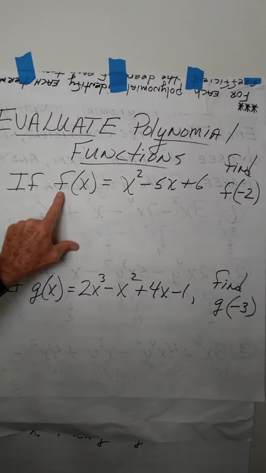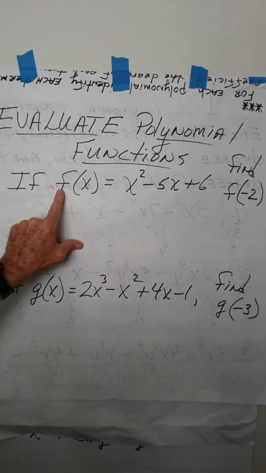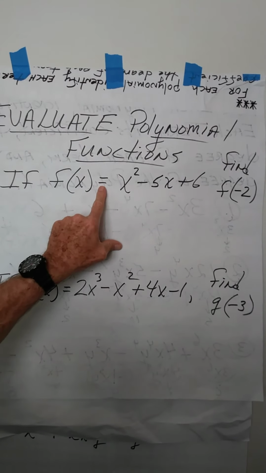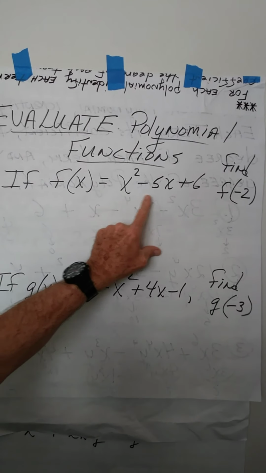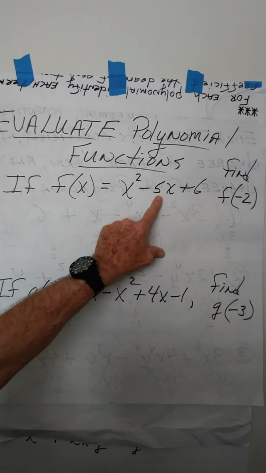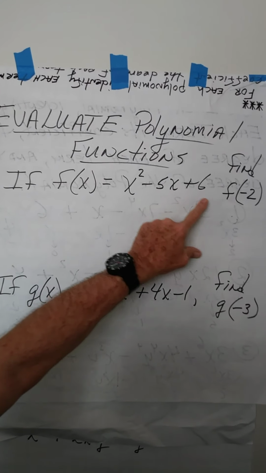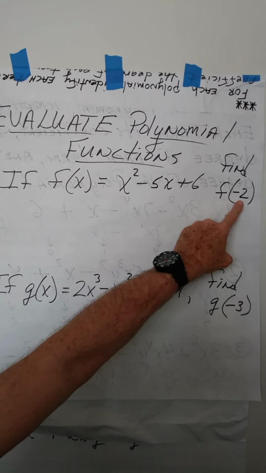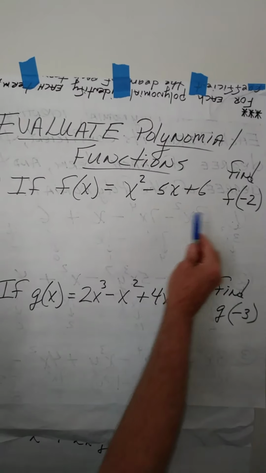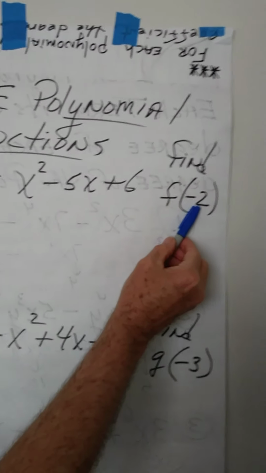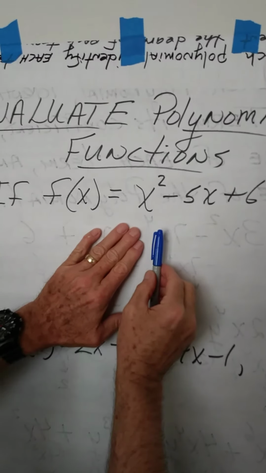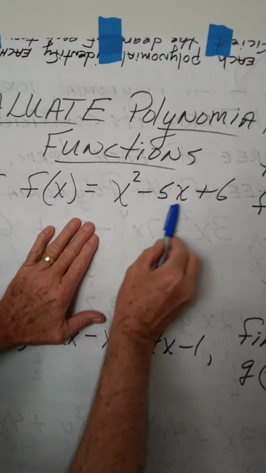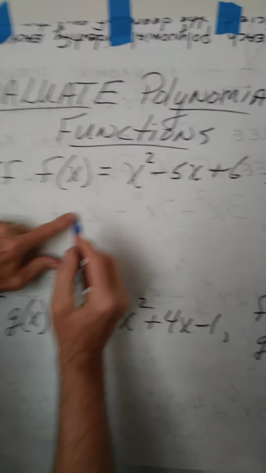If the value of function f when the domain is x is equal to the range of x squared minus 5x plus 6, they want us to find the value of function f when the domain is -2. So we're going to take this domain value of -2 and we're going to substitute it wherever we see the domain letter of x. Old news now.